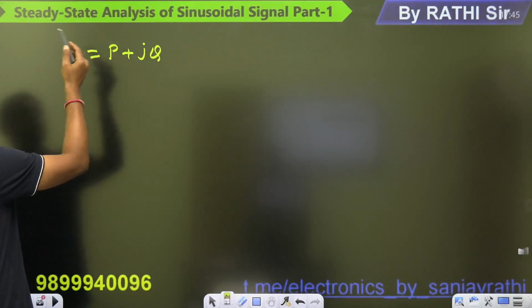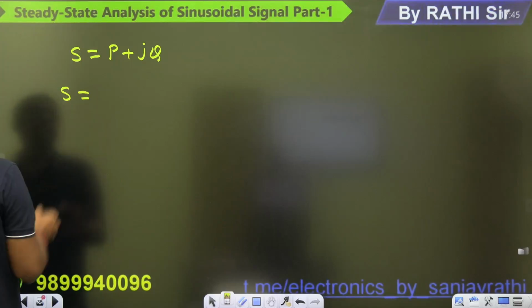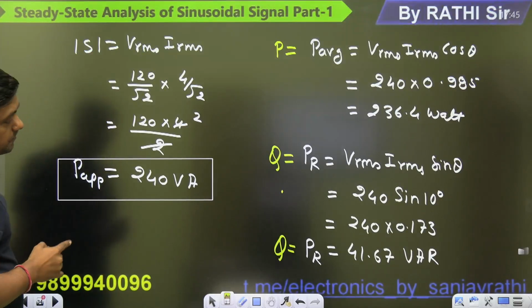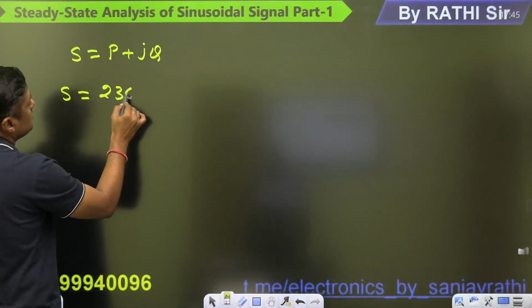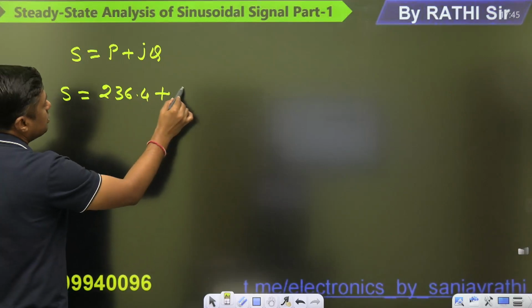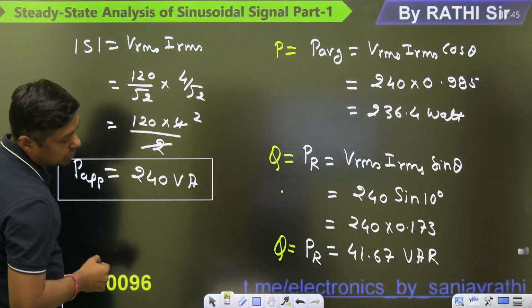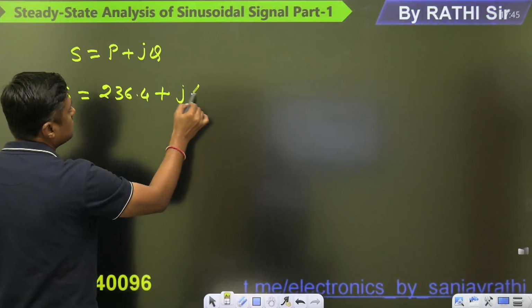Q is positive, meaning inductive. What is P? 236.4. What is Q? 41.67.